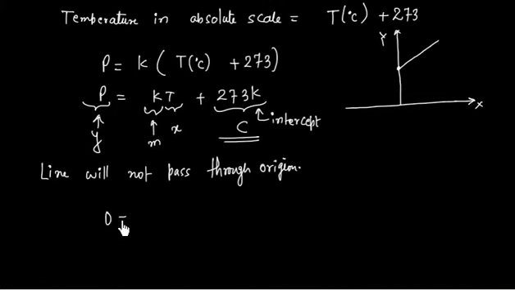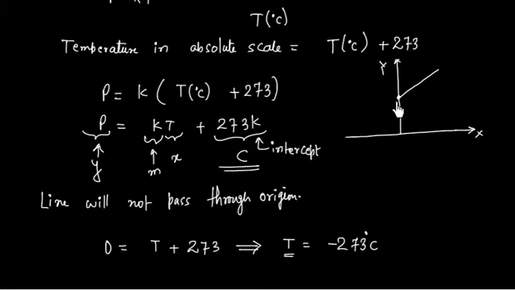So with pressure equal to 0, we will have temperature plus 273 equal to 0. So temperature is equal to minus 273 degrees centigrade. So this line will cut the x-axis at minus 273 degrees centigrade.